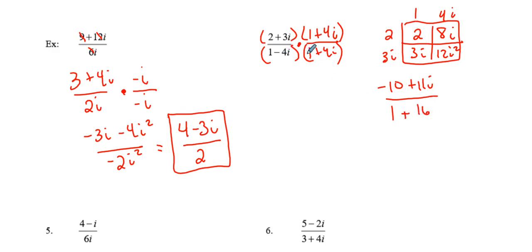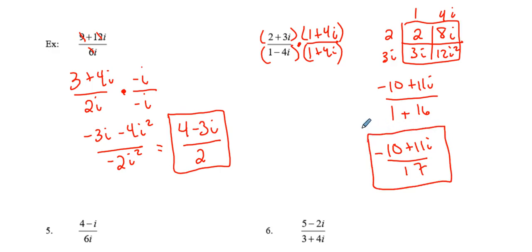So what's nice about conjugates is you should always get the first term squared plus the second term squared, because that's always going to give you an i squared, which will always change the minus to a positive. So we end up with negative 10 plus 11i over 17. The more you practice that, the better you'll get at it.